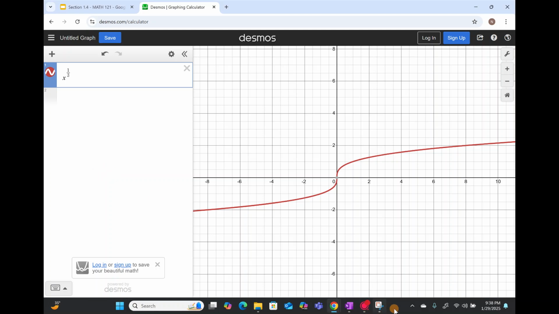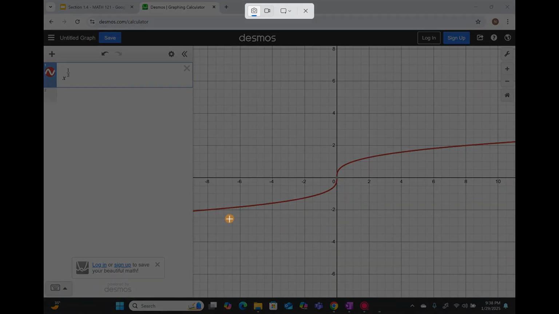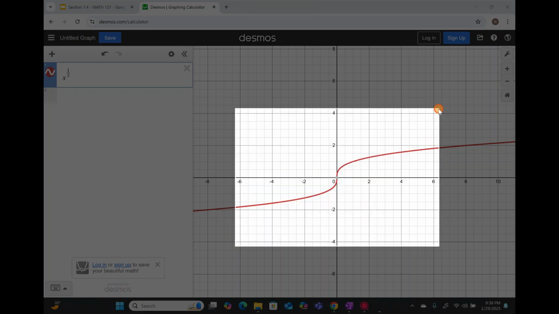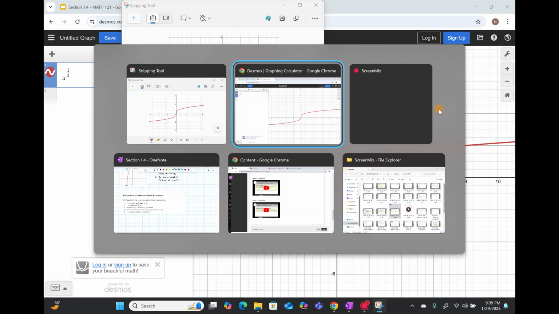All right, so let's go ahead and grab this graph. And one thing I want you to notice is that the graph of the cube root of x is really basically a rotation, and I would say maybe even a reflection. It looks like a sideways version of the graph of x to the third, which is normal. If you think about it, that should make some sense. And when we talk about inverse functions, you will see that there's a reason for that.